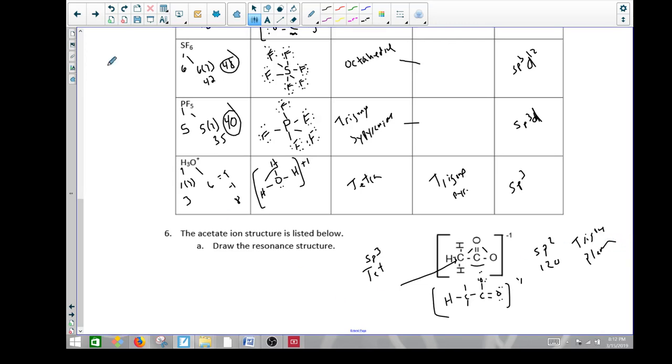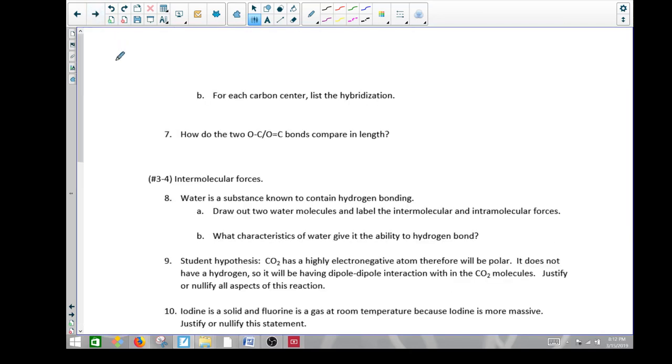So what else does it say? How do the carbon-oxygen bonds compare in length? All right, so in this case, you should note they're the same atoms. We should note the double bond is simply going to be shorter.